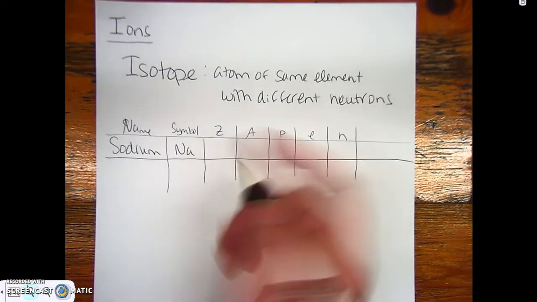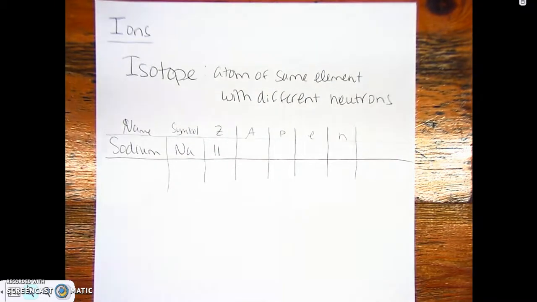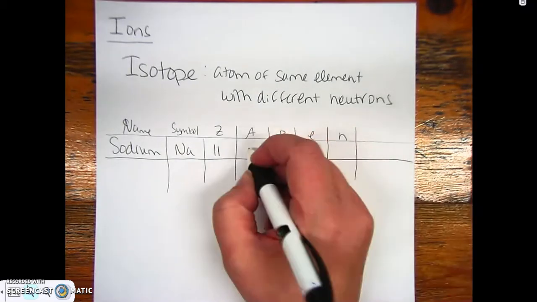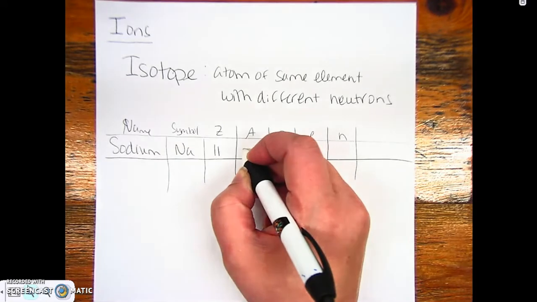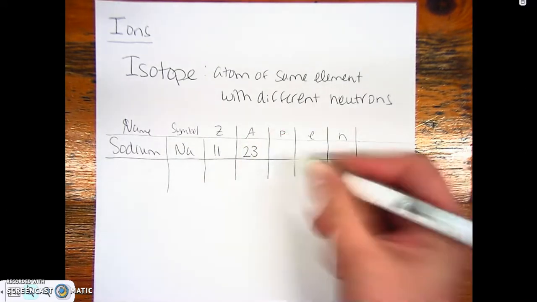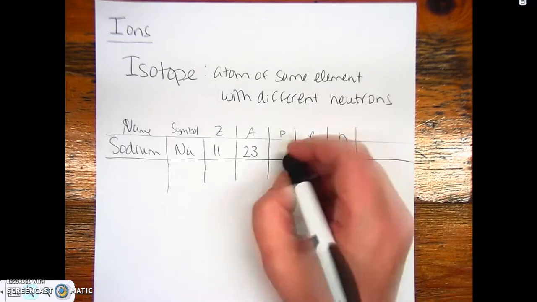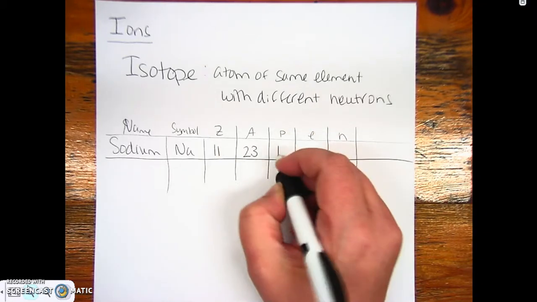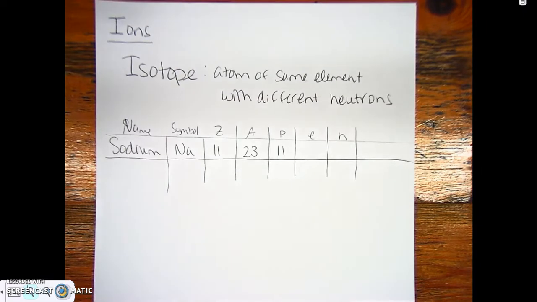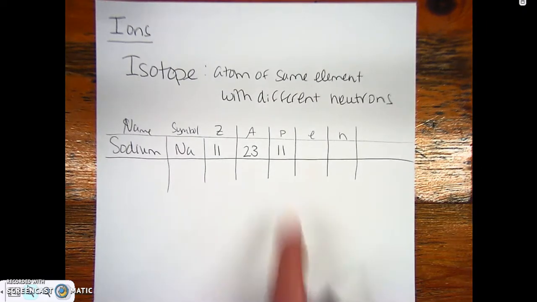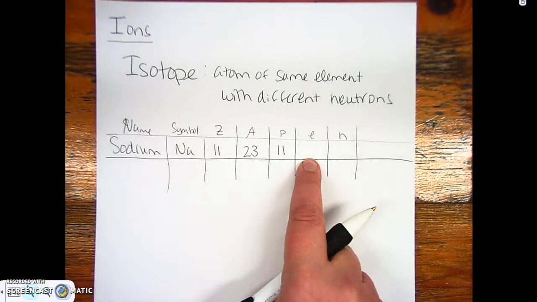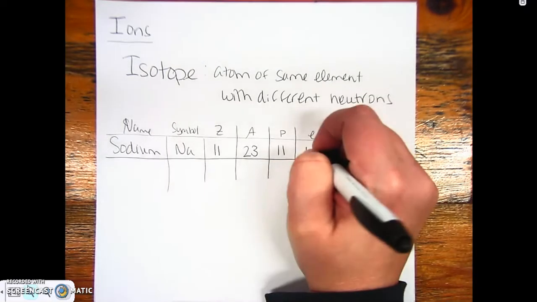Sodium is number 11 on the periodic table. Maybe sodium in this instance has a mass of 23, again of one specific isotope. So it's going to have protons equal to the Z number. And we always assumed things were electrically neutral, which meant all of the protons equaled all of the electrons so that the charge would end up being 0.